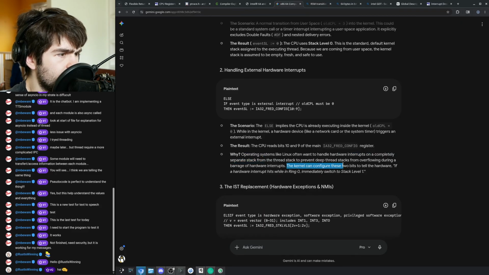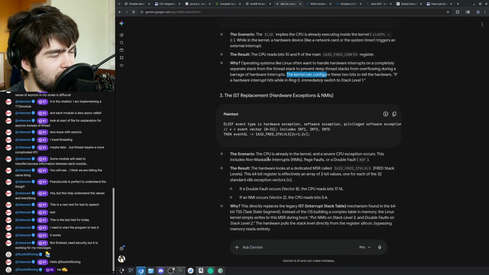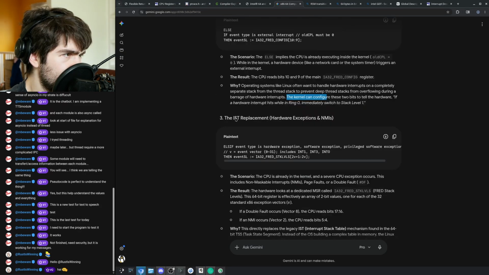The kernel can configure these 2 bits to tell the hardware that if a hardware interrupt hits while in ring 0, immediately switch to stack level 1. Oh, okay, now it's starting to take place. Okay, I think I get it now.